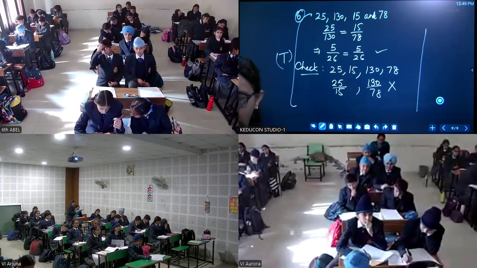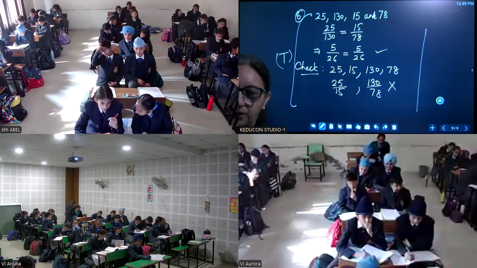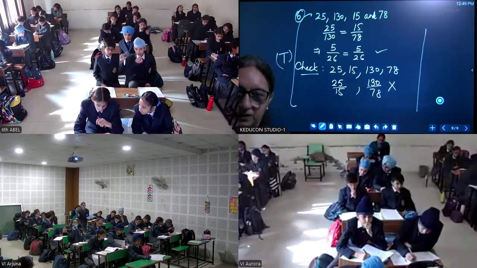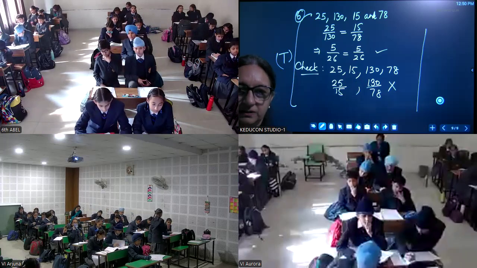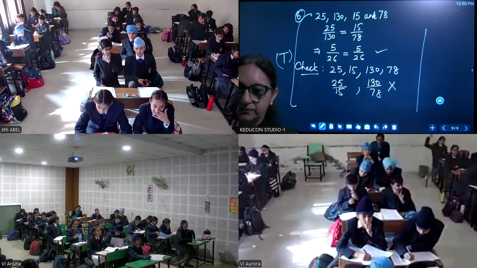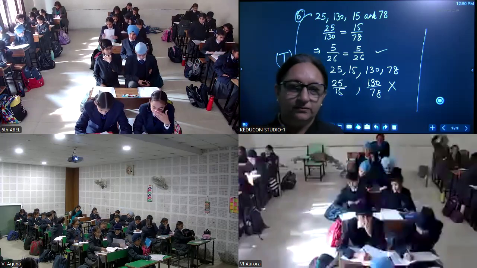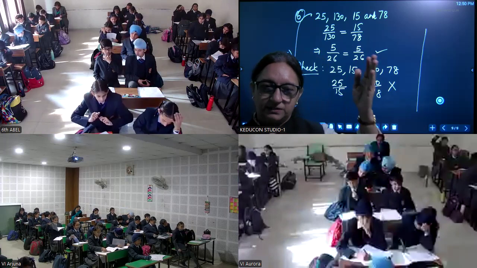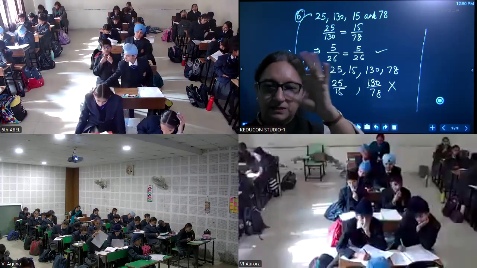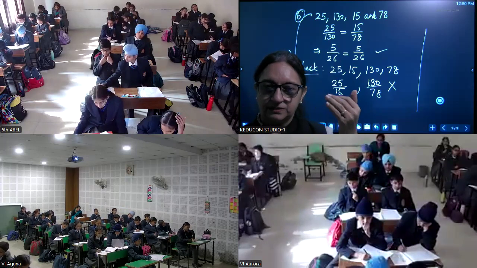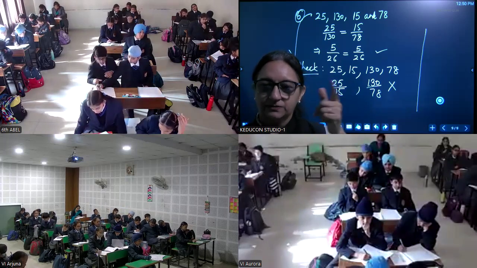Reason: the order of terms in proportion is important. I should say very, very important. Position of terms or order of terms. Order means first, second, third, fourth. You cannot say it second, third, fourth, first. No. Order is very important.